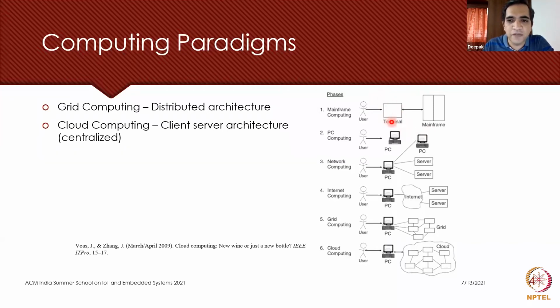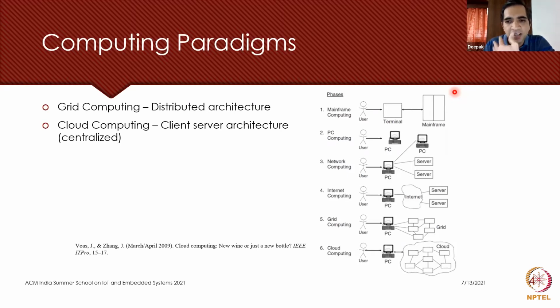Everything intelligent that needed to be done was sent to a mainframe computer, which had a large amount of resources, and you could execute your tasks as jobs, and once you have the result, it's sent back for consumption. That was the initial way computing happened.